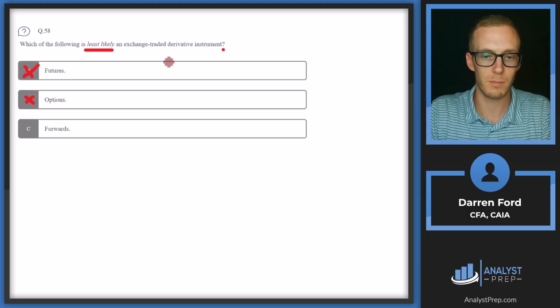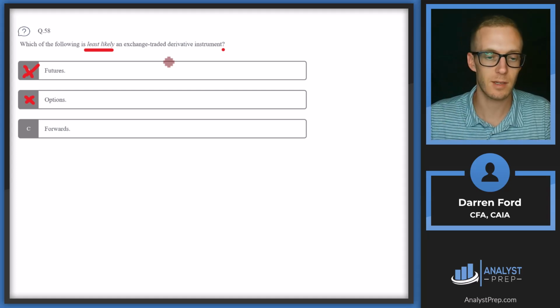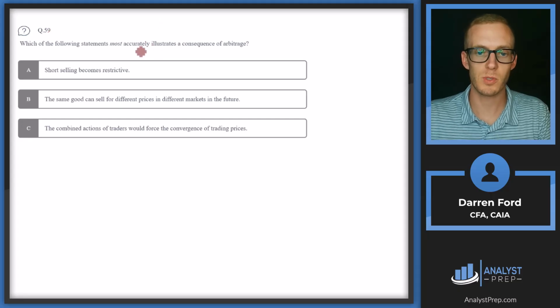They are traded through central exchanges, and they're going to be more standardized contracts. Forwards are generally going to be over-the-counter and more customized, used by institutions so they can get specific currency or interest rate exposures that they want. Answer C.